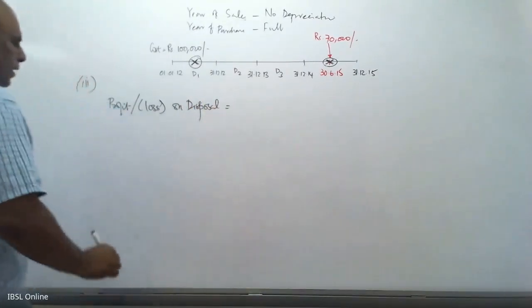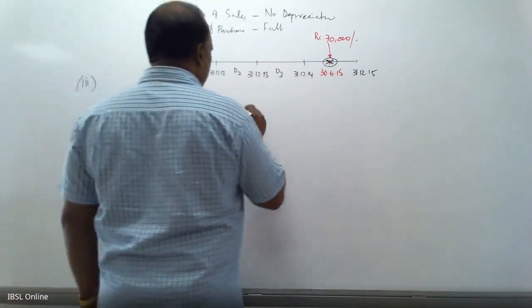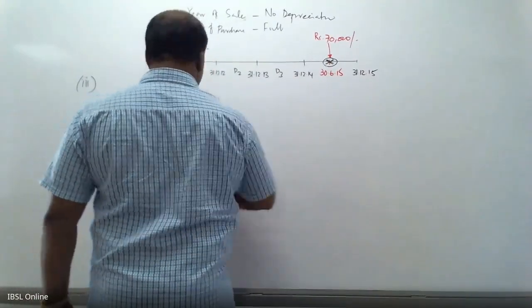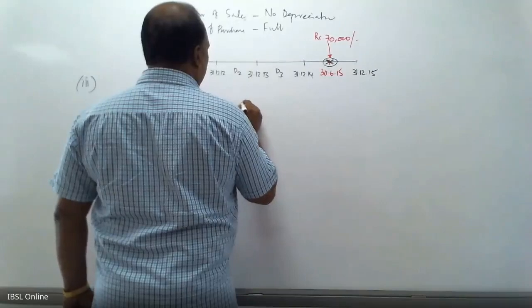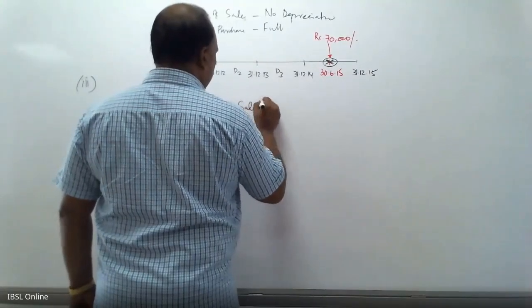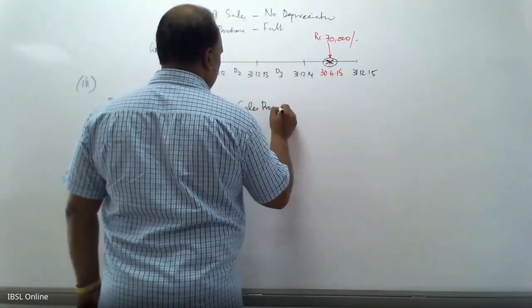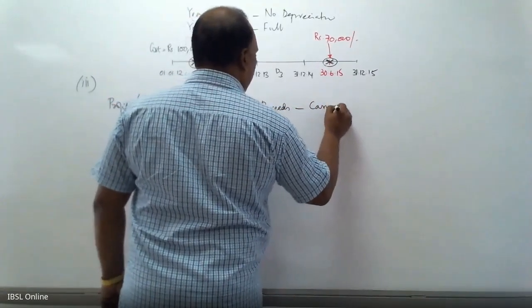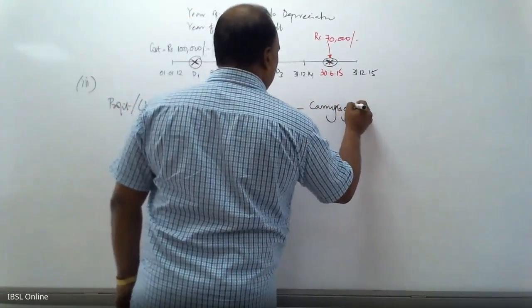So how do you calculate it? It should be sale proceeds minus carrying value or net book value.